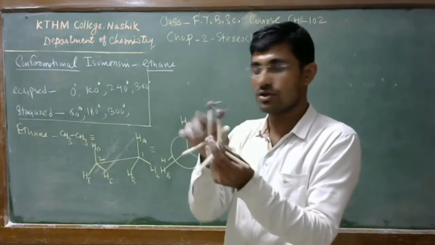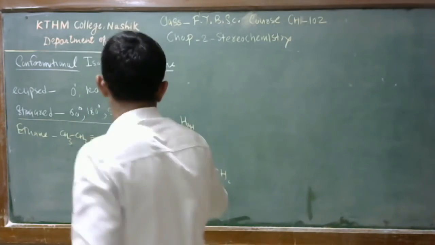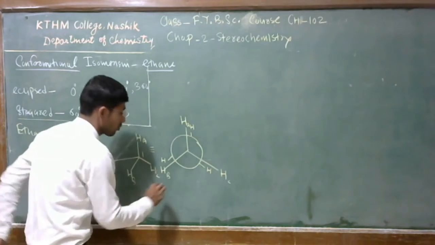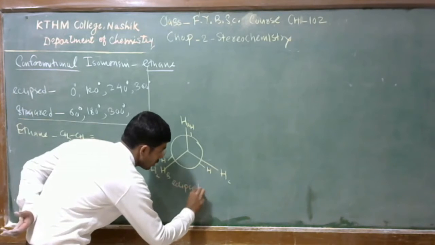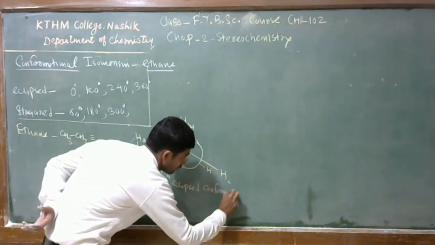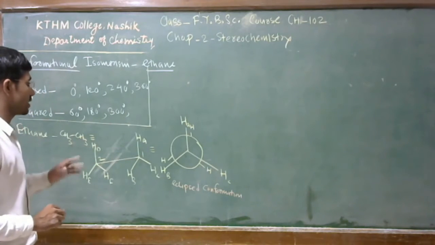So this is the Newman projection formula of the eclipsed conformation. Our molecule exists in this eclipsed conformation.